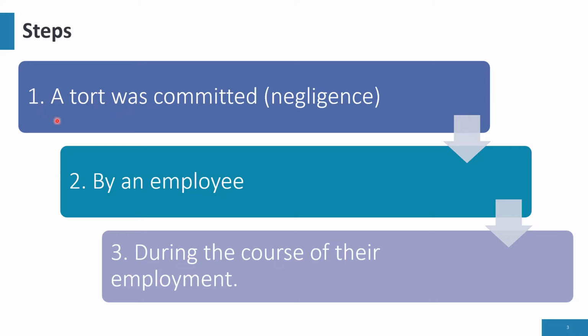Secondly, this tort must have been carried out by an employee, and the term employee is very important here. Finally, we must be sure that it was done during the course of their employment. Again, this phrase, course of their employment, is very important when applying the law.